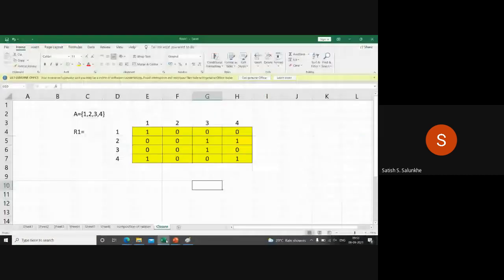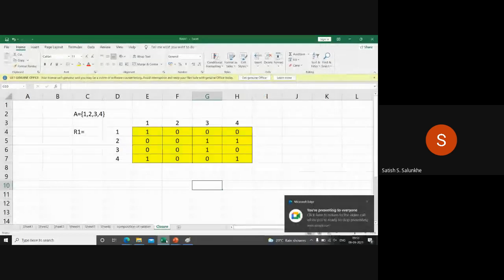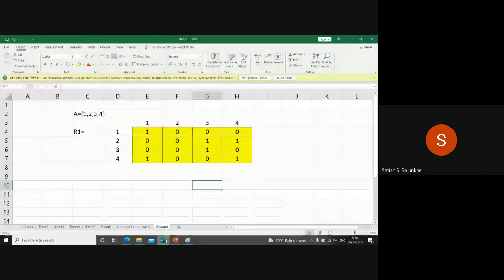So when we have 1 is to 1 and 2 is to 2 basically.